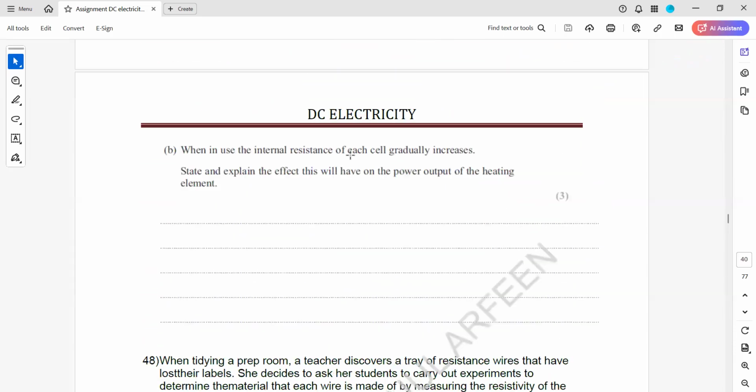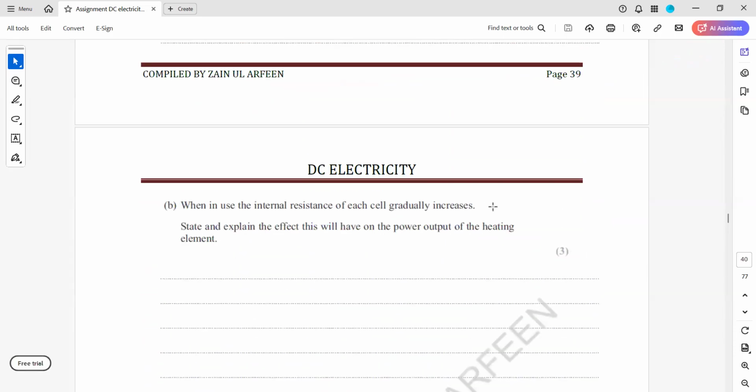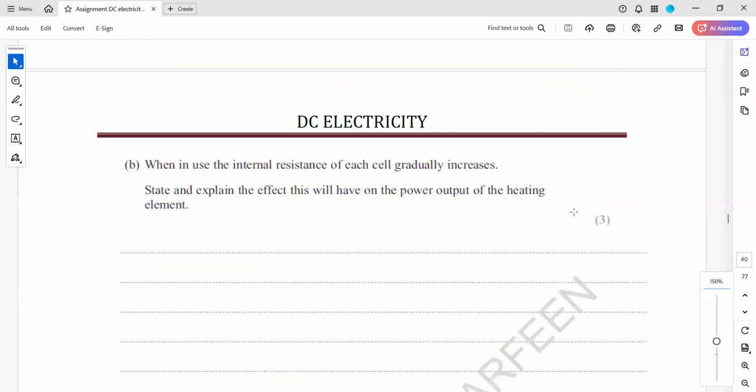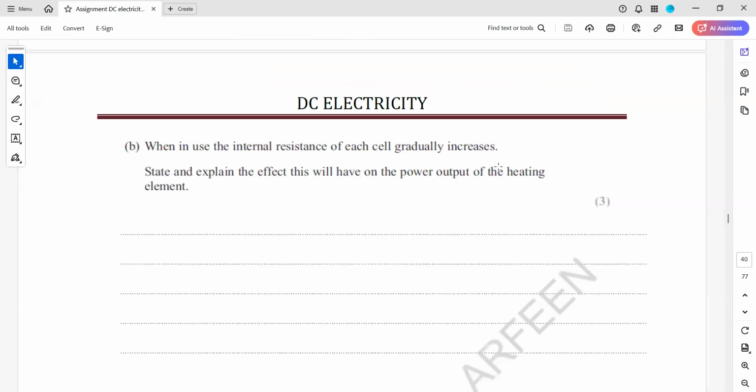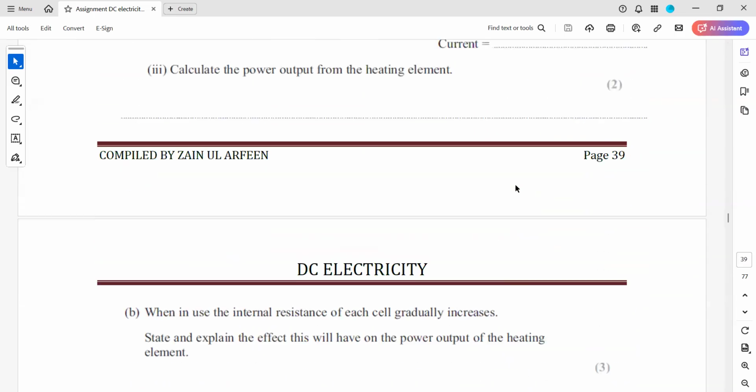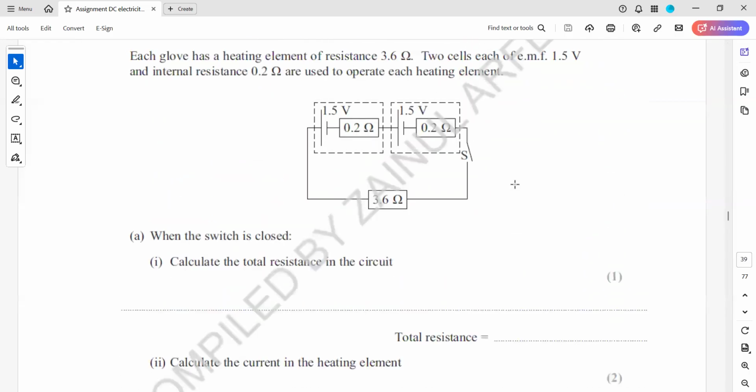The next is: when in use, the internal resistance of each cell gradually increases. State and explain the effect on the power of the heating element. In the question, they mentioned that when we are using this circuit, the internal resistance has gradually increased.